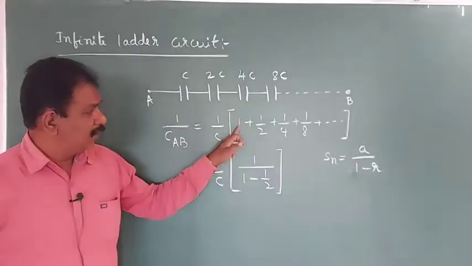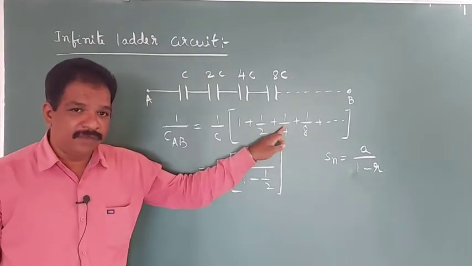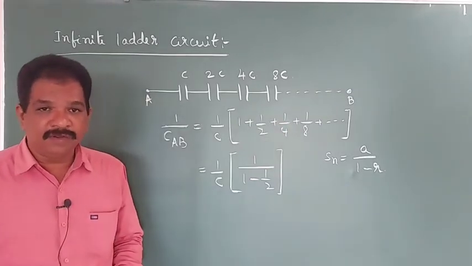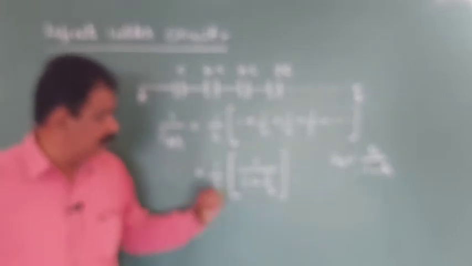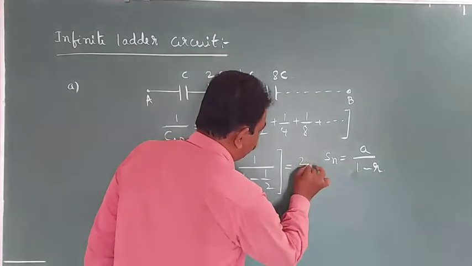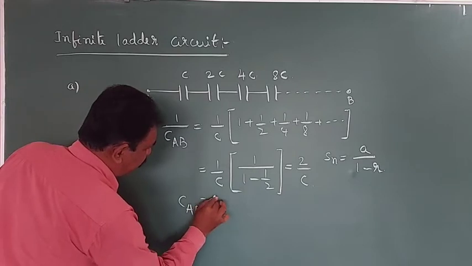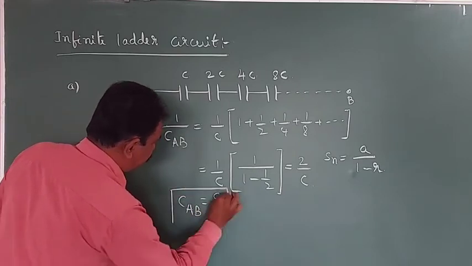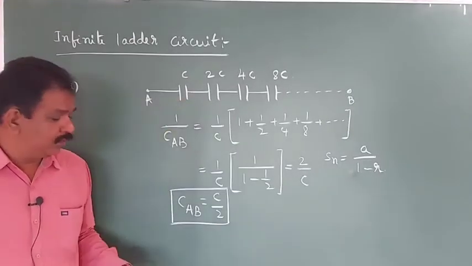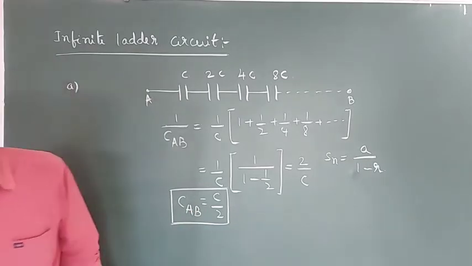So 1 is multiplied by 1 by 2, 1 by 2 is multiplied by 1 by 2, 1 by 4, 1 by 4 is multiplied by 1 by 2, again 1 by 8, like that. The common ratio is 1 by 2. So it becomes 2 by C finally. Then the CAB value is equal to C by 2. The effective capacitance of this circuit will be equal to C by 2. Clear? Next.